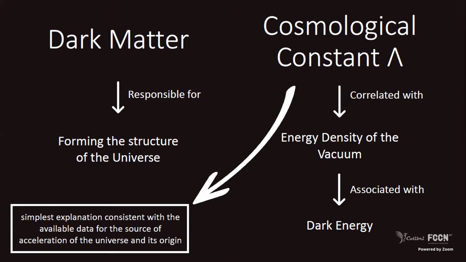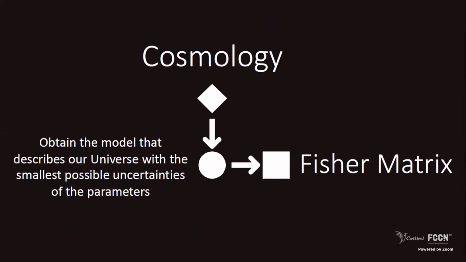But this cosmological constant, the Lambda one, is the simplest explanation consistent with the available data that we have so far for the source of the acceleration of our universe. So right now we have our cosmology, and the main goal is to obtain the model that describes our universe with the smallest possible uncertainties of the parameters.